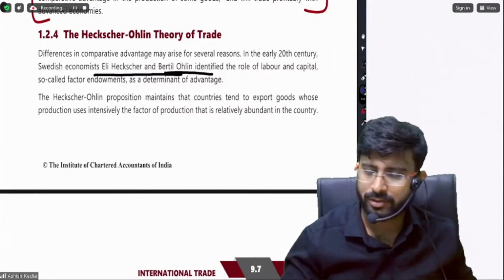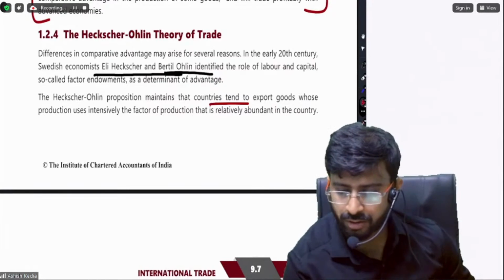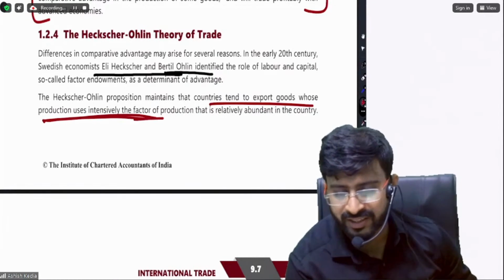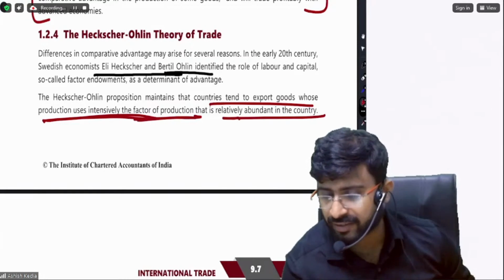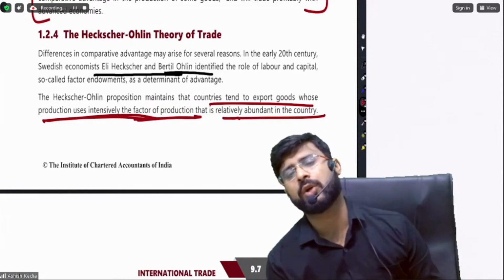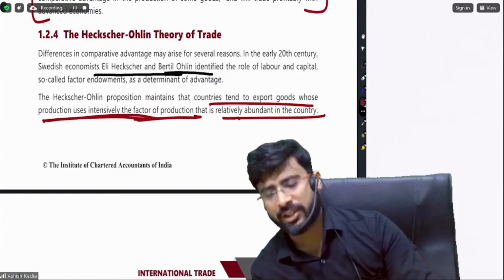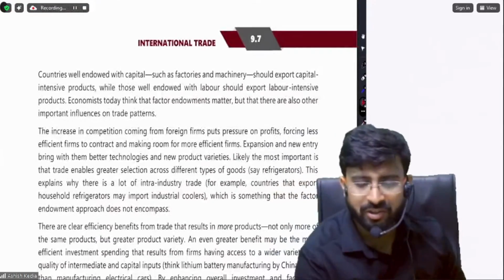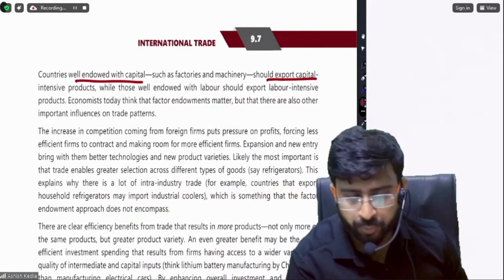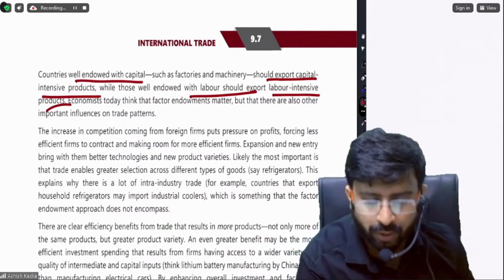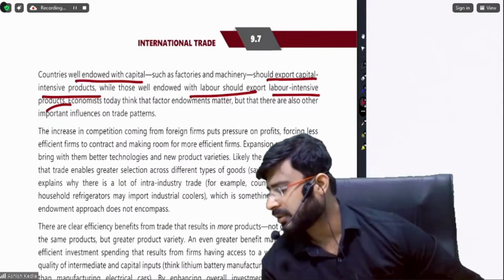See, export goods whose production uses intensively the factor of production that is abundant in the country. This is what I told. If our country has more labor, then produce labor goods and export. Countries well endowed with capital should export capital goods, while those endowed with labor should export labor goods. This is what I made you write.